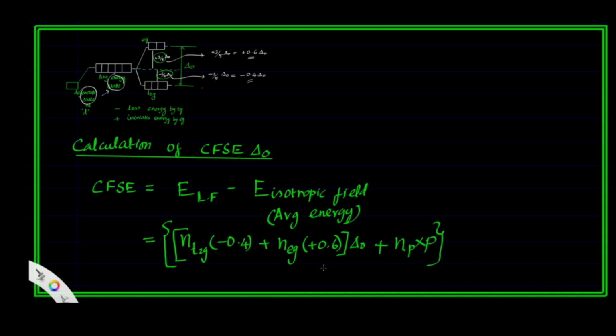This value in the bracket is known as the energy of the complex in the ligand field. Now we calculate the energy of the isotropic field, which is equal to N dash P into the pairing energy of one pair. N dash P is the number of electron pairs present in the average energy state.